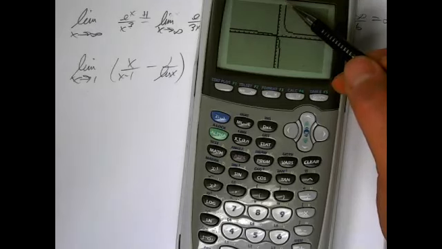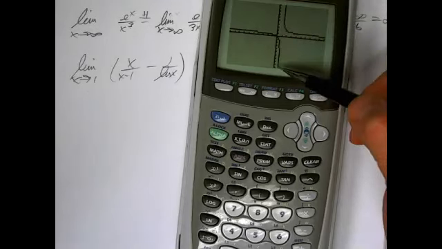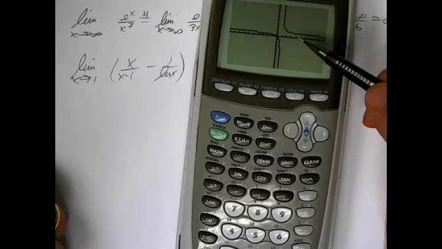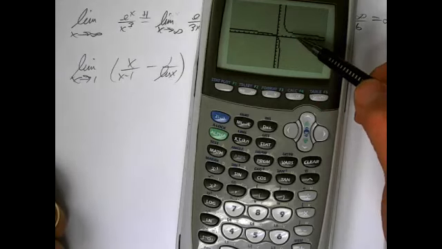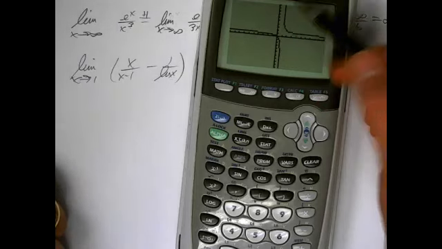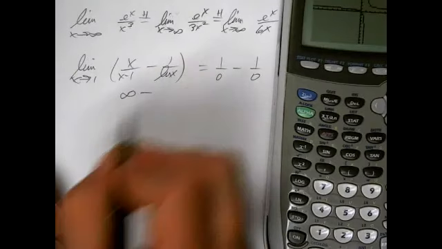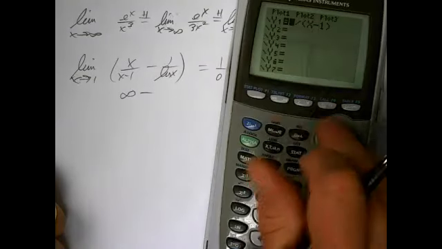From the other direction, it's heading down towards negative infinity. So let's look at this as a right hand versus left hand interpretation. As you approach 1 from the right, this one's going up to infinity. So from the right hand side, I have an infinity minus, now let's look at the other one.